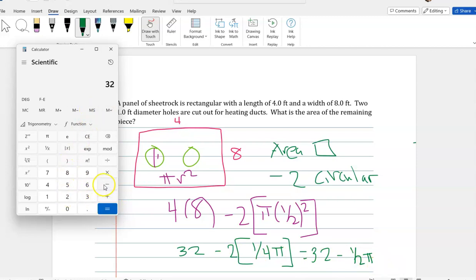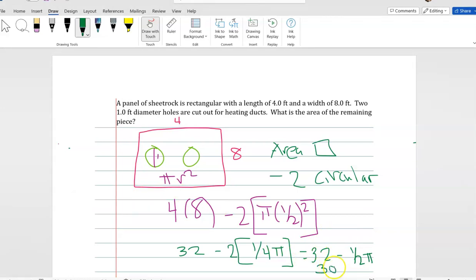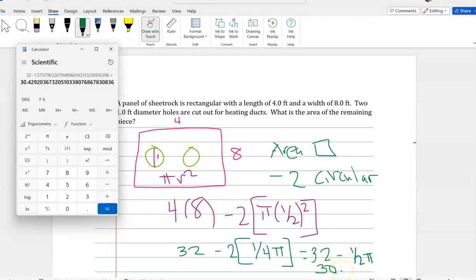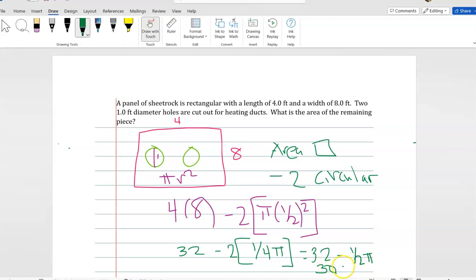And then I'm going to do 32 minus, I'm going to recall it, equals. So then my answer here, what the area that's left is 30.43, depending on what they ask me. And now this was in feet, so this is square feet. That's going to be my final answer there.